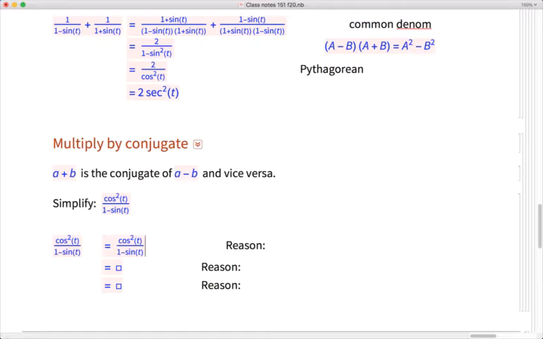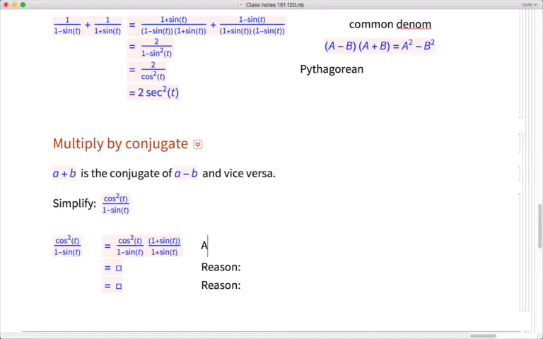So this means we want to multiply by 1 plus sine of t. And we want to do that both top and bottom. Right? Otherwise, we wouldn't have equality. Okay. So this is algebra.